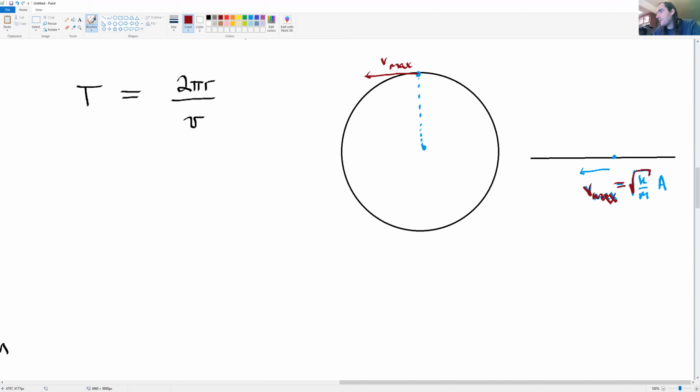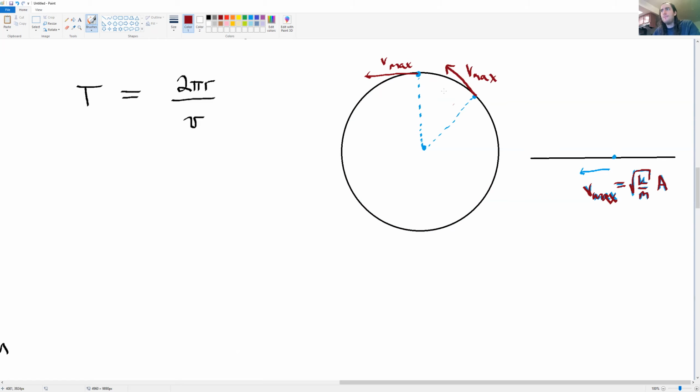So V max is square root of k over m times a. And then we can recognize that when I'm looking at the point over here, if I know V max up here at the top is this value, square root of k over m times a, then I can imagine for the circle here that the velocity is the same.